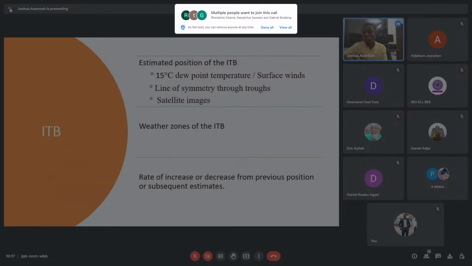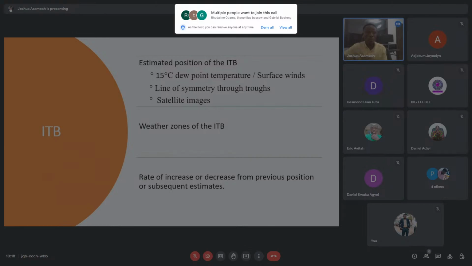You could also use the surface winds to determine where the ITD will be located on a chart. So if you're getting where the moist winds and the dry winds are meeting, these are surface winds. And so you shouldn't be using 850, 700 hectopascal level winds to locate ITD. ITD is a surface feature.